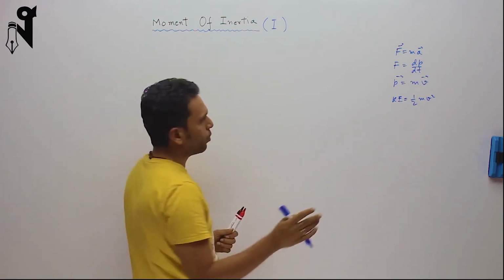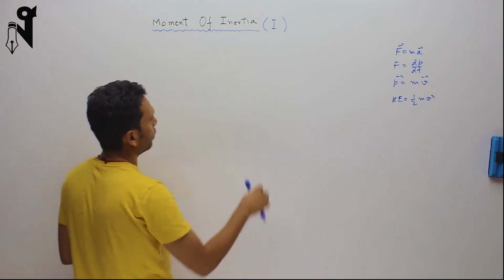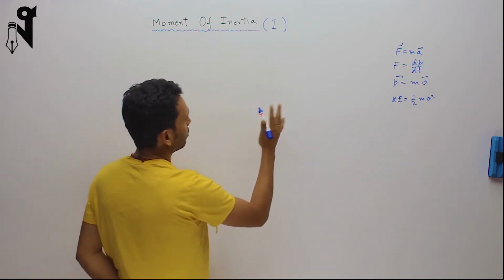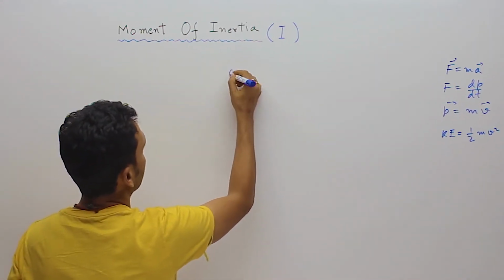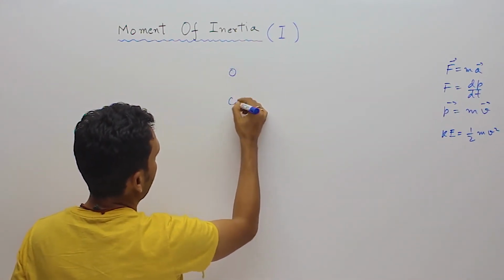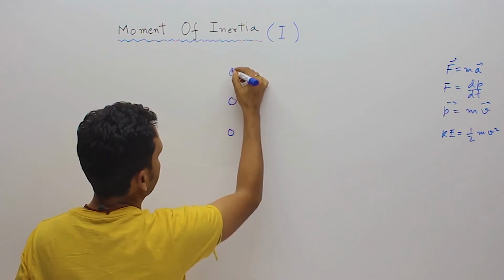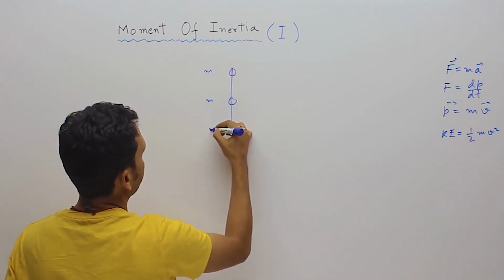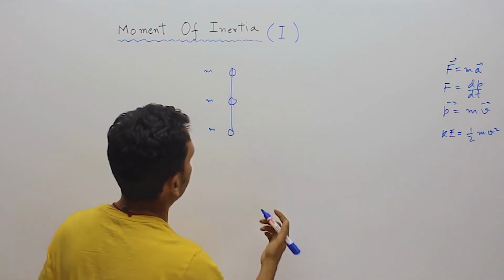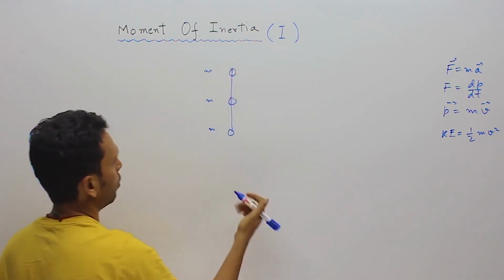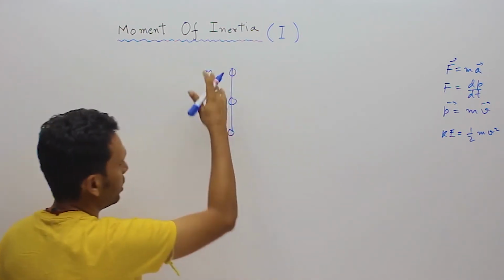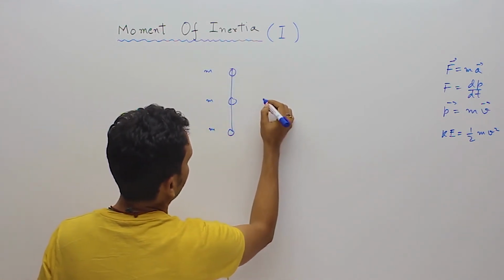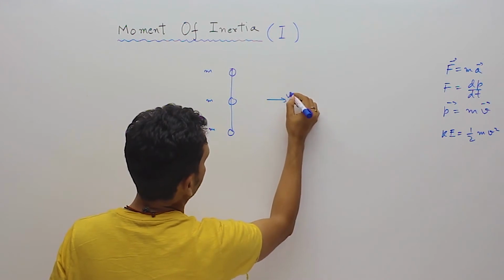So I'll just demonstrate how careful we have to be when we are handling rotating bodies. Let me just make a body which is not rotating, in fact, and say these three masses, all having the same mass m, connected by a very light, massless rod, so it makes a single body of mass 3m. These three are connected and the body is going forward with, say, v velocity.